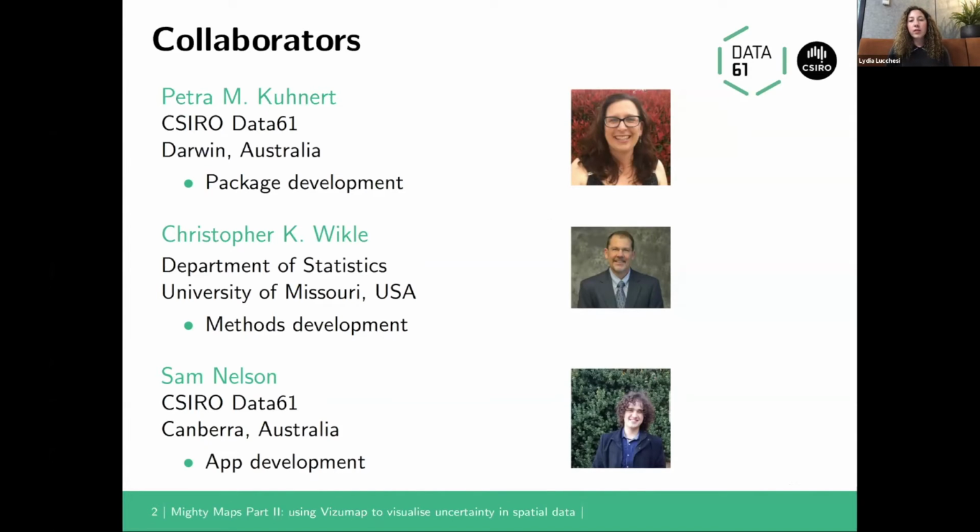He's at the University of Missouri, and it was actually there that this project got started. And I would also like to recognize Sam Nelson. Sam is currently working on developing a Vizumap Shiny app, which is really exciting.